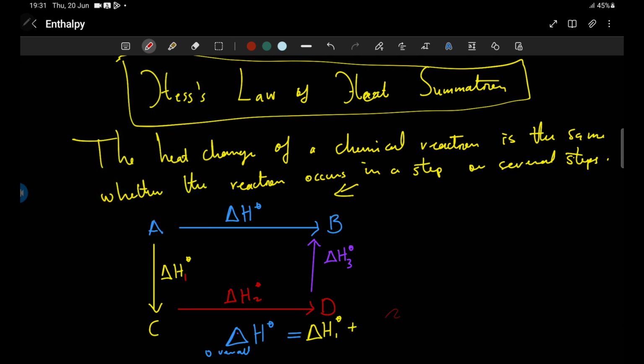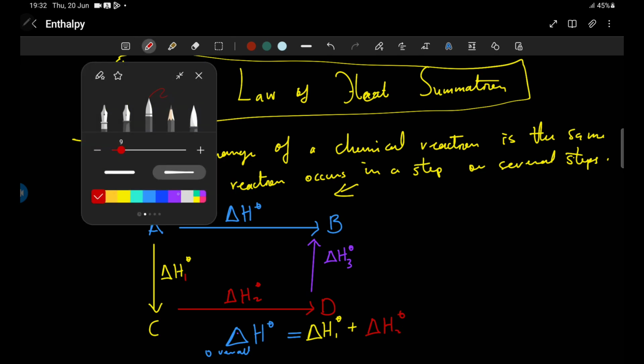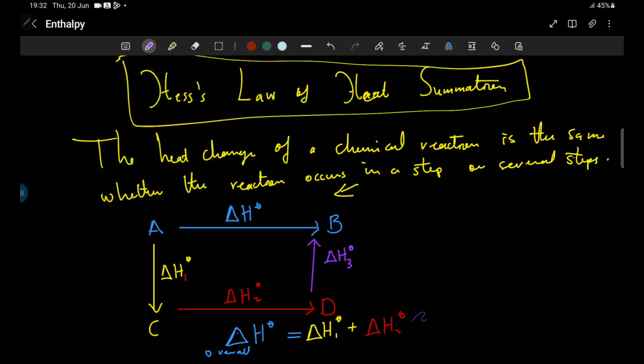That's the second enthalpy, the second step, plus the enthalpy for the third step. Yeah, and that's what Hess law is saying. All right, and you should take note that Hess law is based upon the first law of thermodynamics.